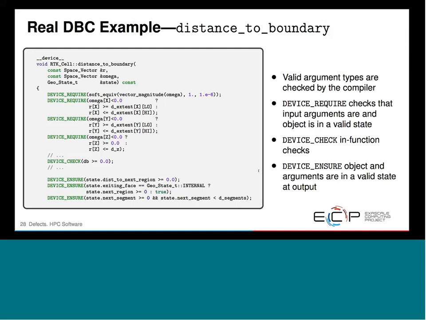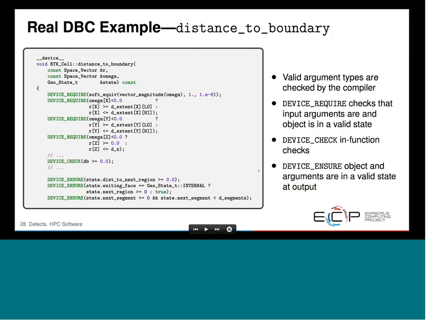So the first thing it does is check to make sure that the magnitude of that vector is 1 within some tolerance. The next thing it does is make sure that the position of the point is inside the object where it's calculating its distance to boundary. All right. Then it does some work to calculate the next distance to boundary.